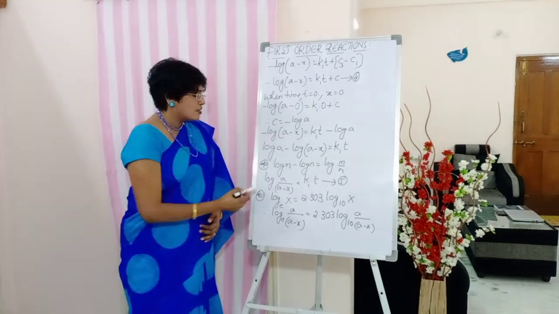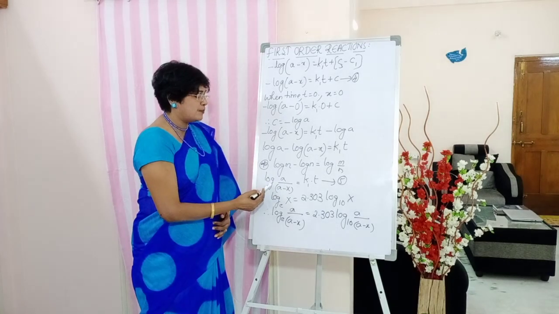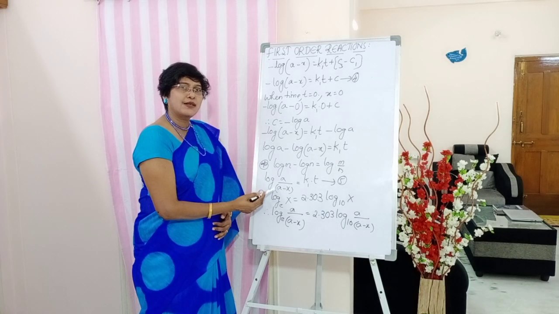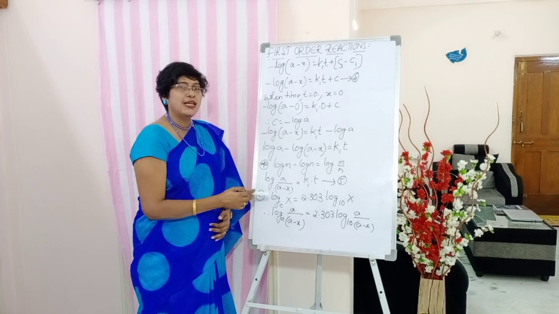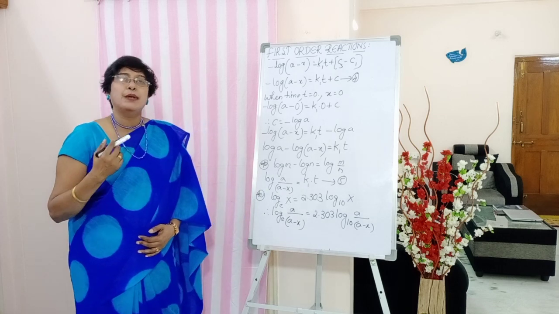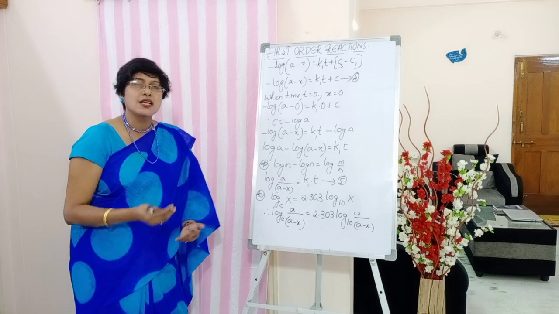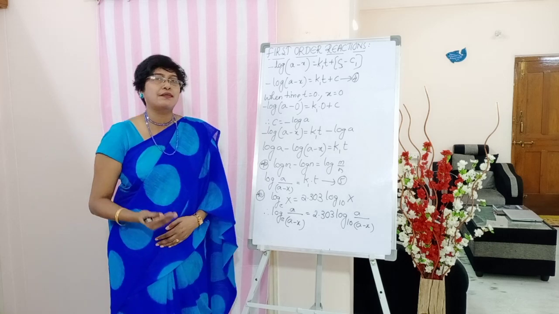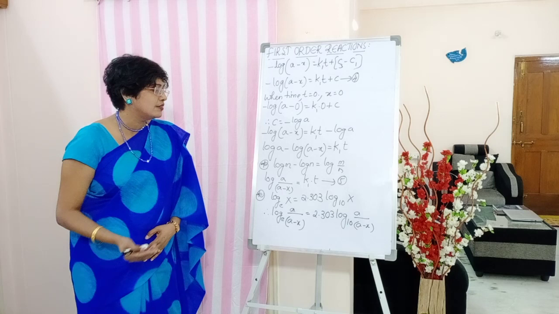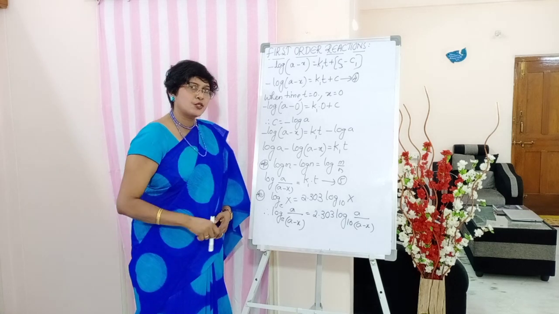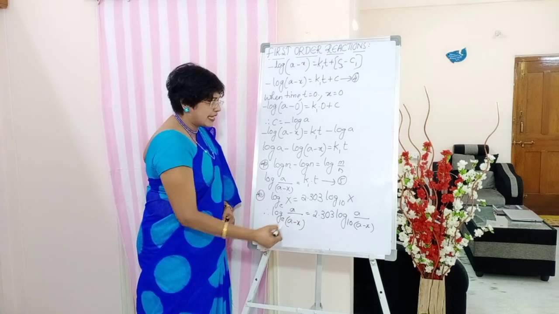Okay students, where I did not write the base, it is in the form of base e. We are converting into base 10 so that it will be easy for the solutions. How did we convert? By multiplying with 2.303.